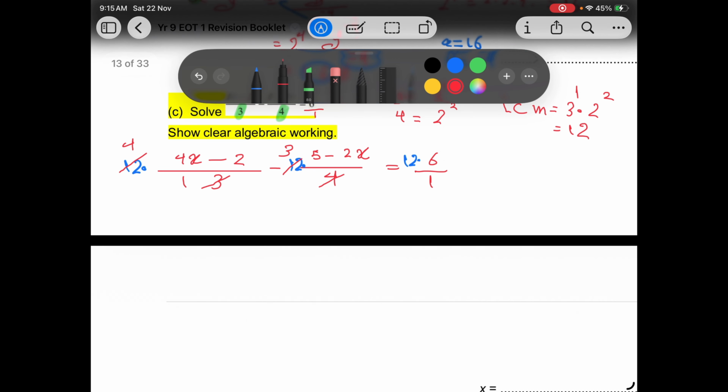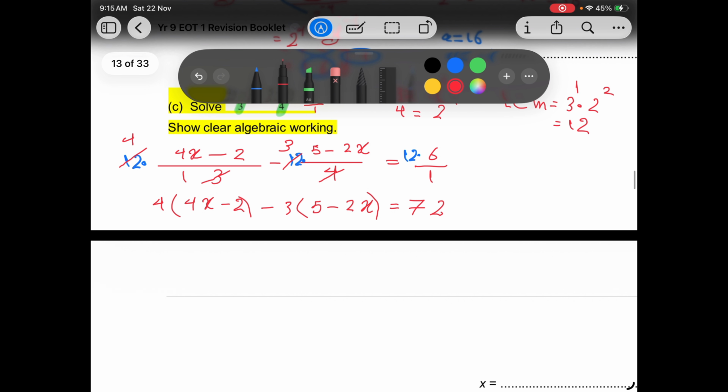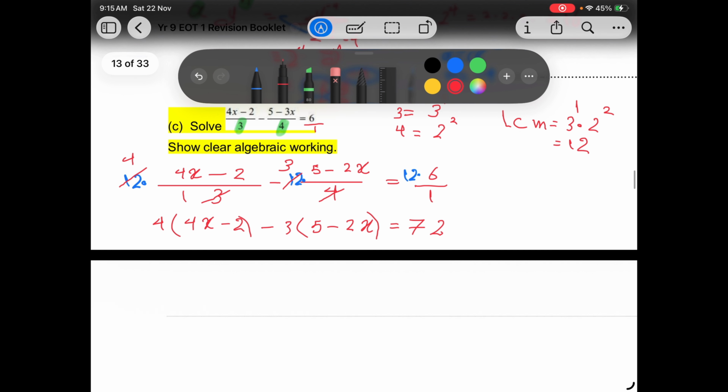After that, guys, I have a very nice 4 multiplied by this linear expression, which is 4x minus 2, minus 3 times (5 minus 2x), equals 72. Look at this, guys, it's much easier, even easier on the eyes than the original one. So this least common multiple is really helpful and a very important and essential skill to master.